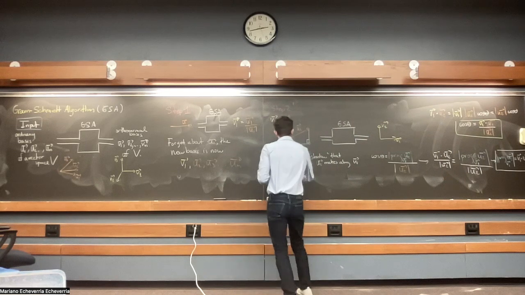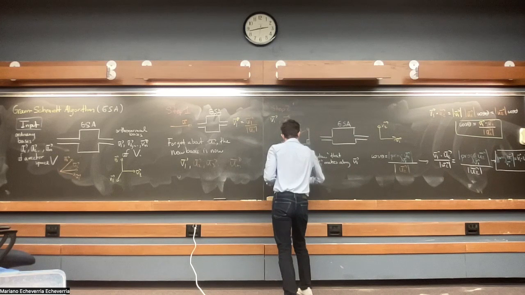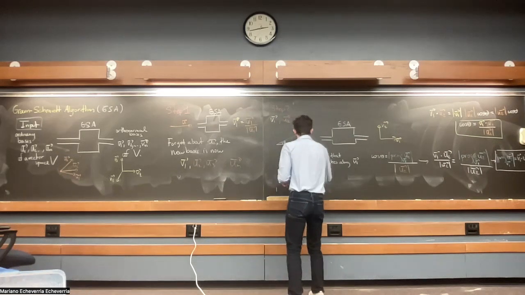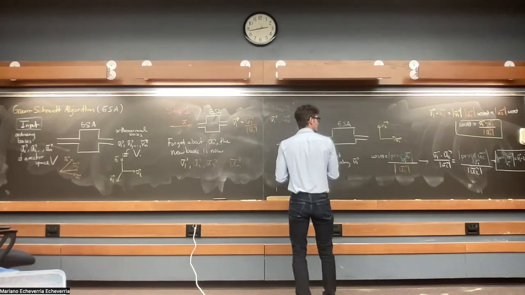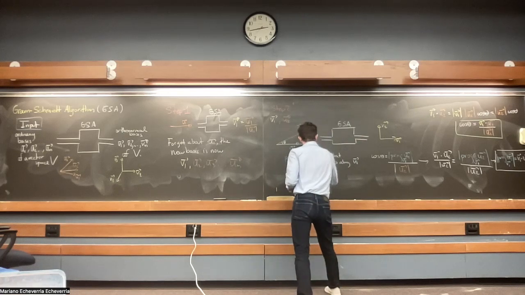So the projection vector, this is the second important formula now, is just V1, U2, or let me write it in the opposite way, U2 dot V1.